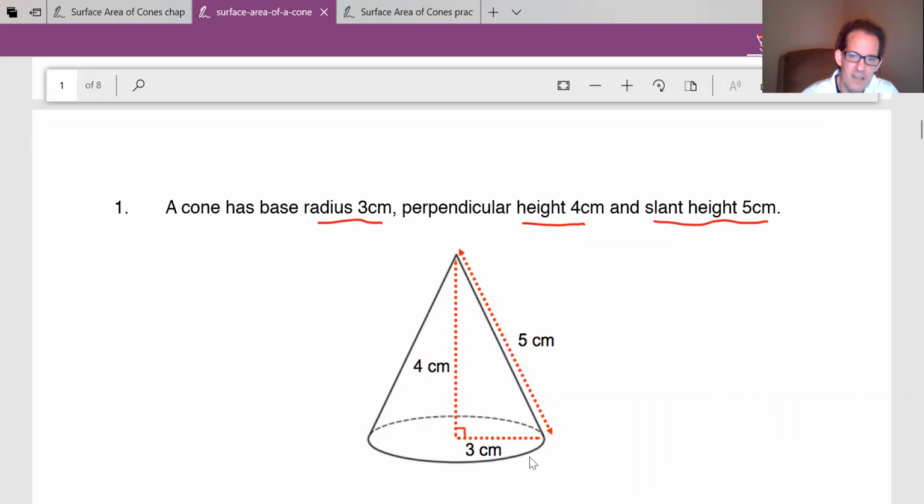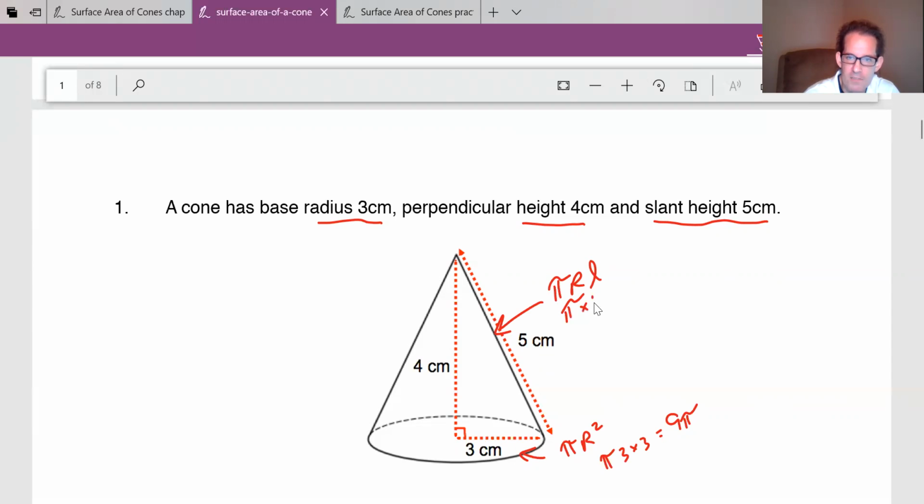First, I'm going to find the area of the base. That's pi times the radius squared. So I'm going to have pi times 3 times 3, which equals 9 pi. For the slanted height, I'm going to use that to find the lateral area of the cone, which is pi times the radius times the slanted height, or 5 times 3.